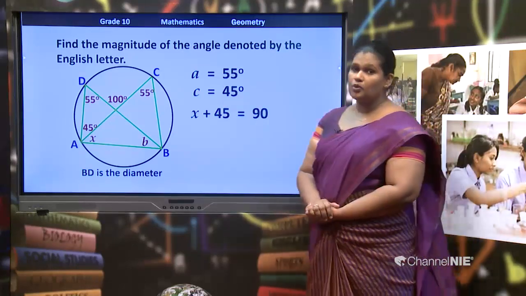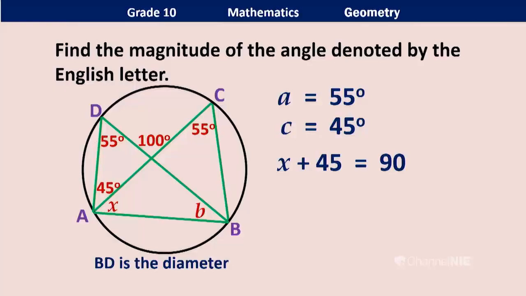This time, I am going to find the value of X. Now, what can you say? Here, when we consider the angle DAB, what can you say about the angle? In the question, they have mentioned that BD is a diameter. Therefore, angle DAB is an angle in a semicircle.